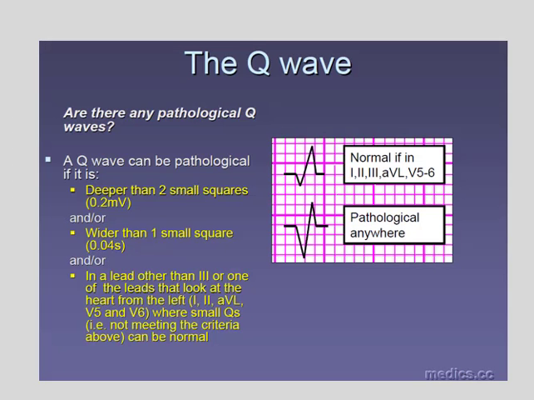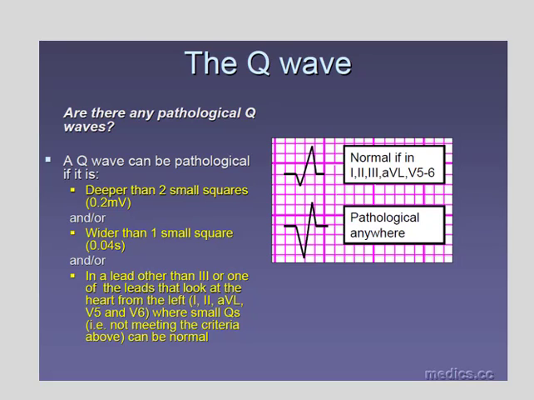This brings us to the Q wave. We must establish whether there are any pathological Q waves, meaning as opposed to insignificant Q waves. To be significant, a Q wave has to be deeper than 2 small squares and or wider than 1 small square.